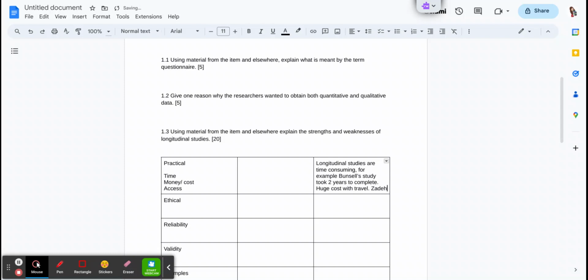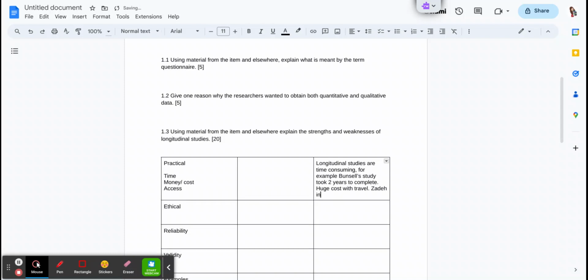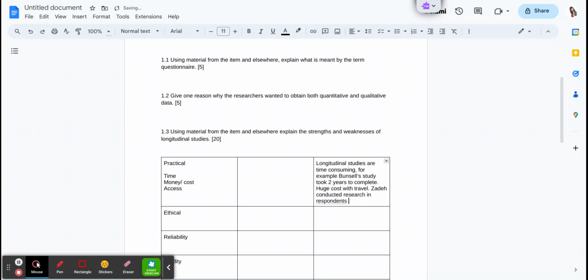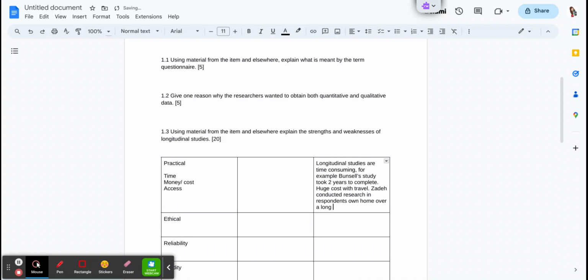So, Zade conducted research in respondents' own homes over a long period of time.